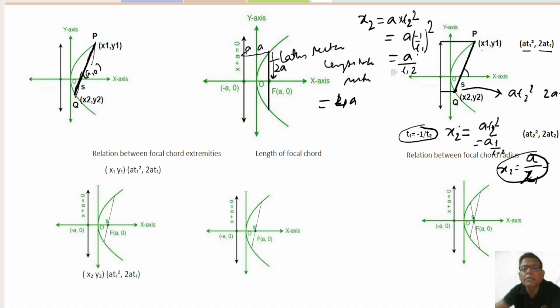Then we multiply by a on both sides, so this is a square by x1.